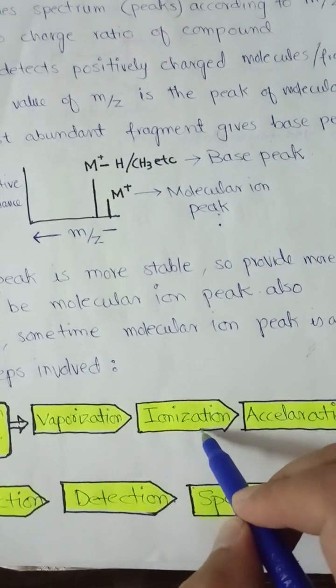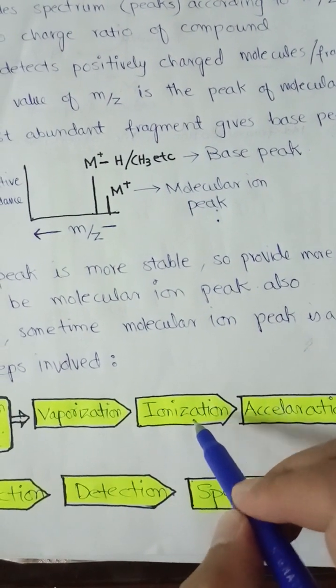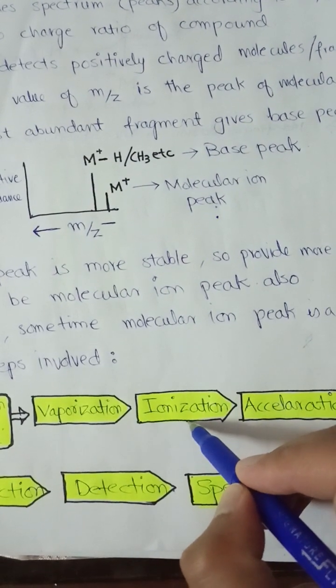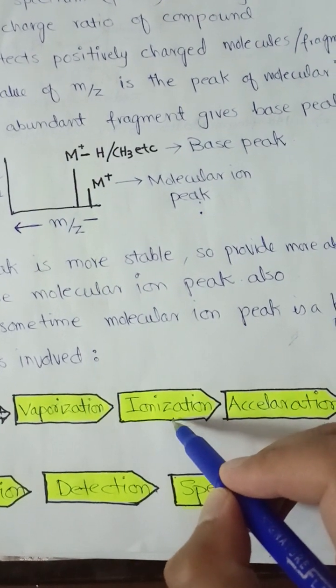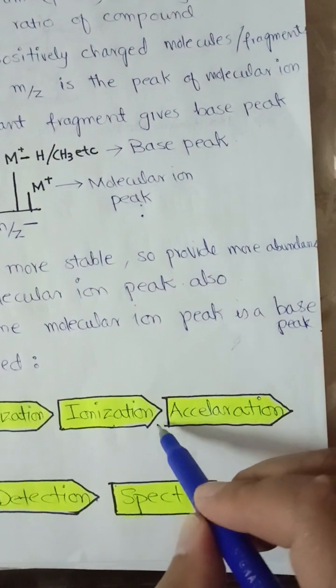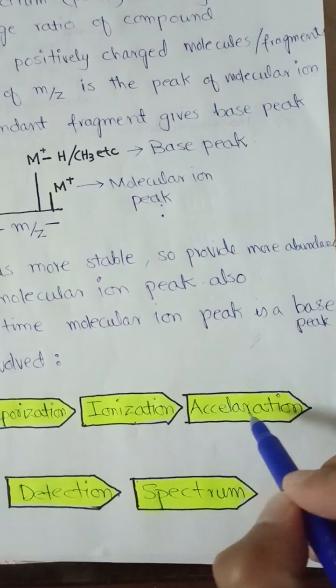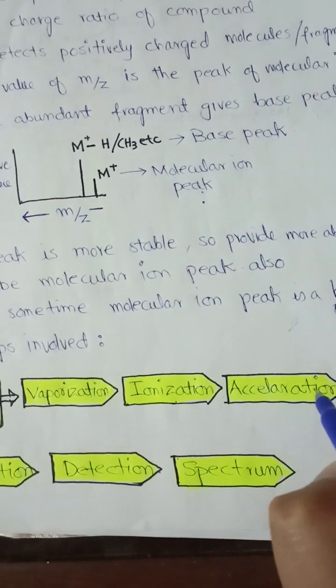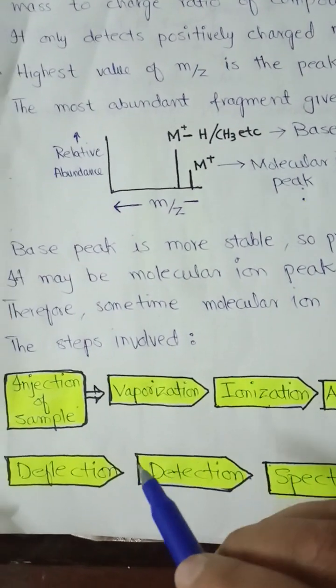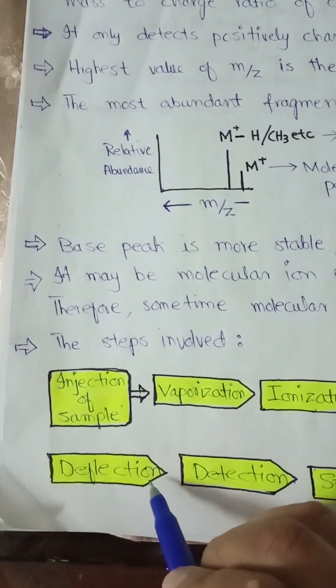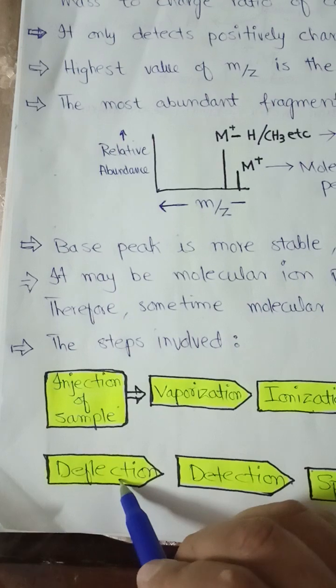After ionization and fragmentation, here in this ionization chamber we get ionization and also fragmentation of the molecule, and then there are accelerating plates present which cause acceleration of the molecular ions. These accelerated ions will be passed through the magnetic field where deflection of the ions will occur.